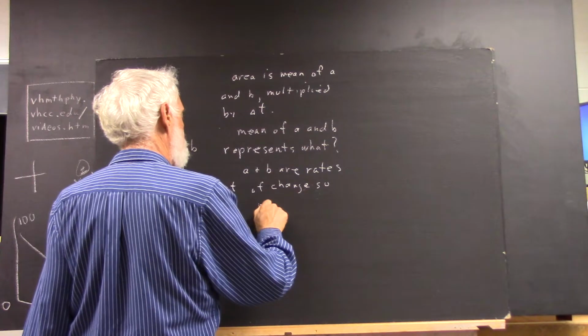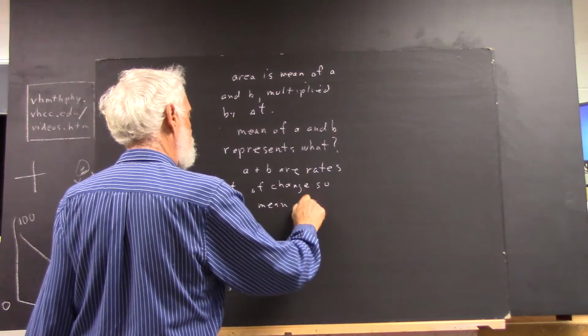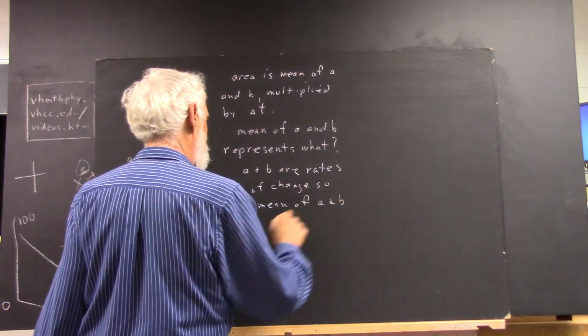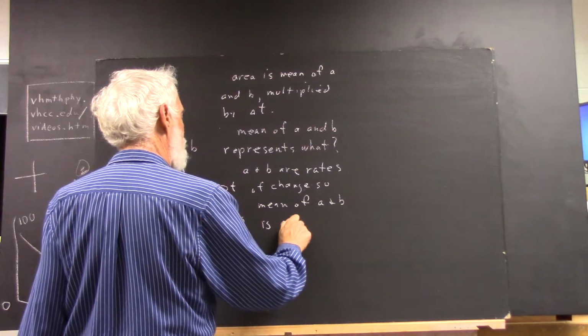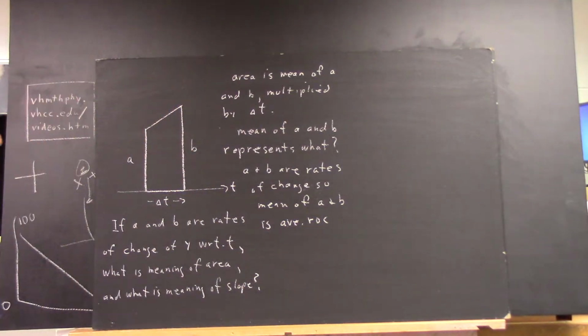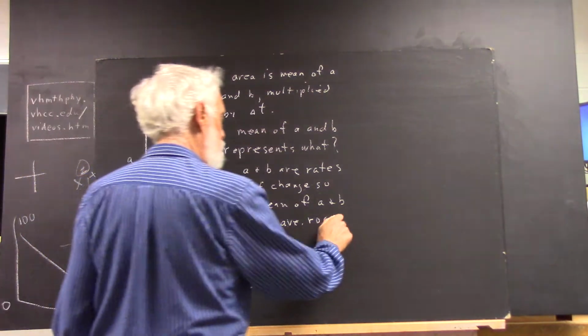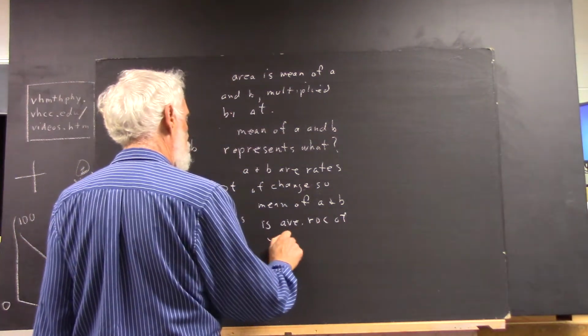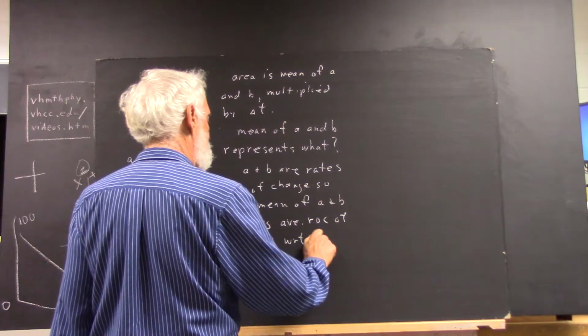So the average, the mean velocity of A and B is your average rate of change of Y with respect to T.